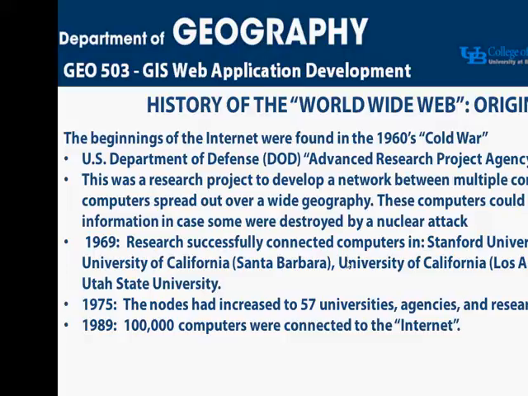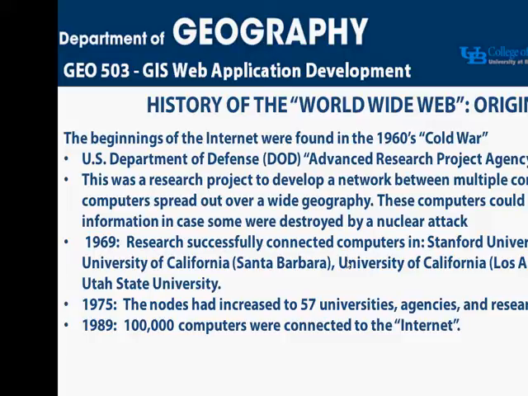A lot of the internet actually was around since the 1960s in the Cold War. The U.S. Department of Defense had a program called ARPA. It was originally a research project that was security-based. They tried to connect computers spread out across the United States, in a very different time.